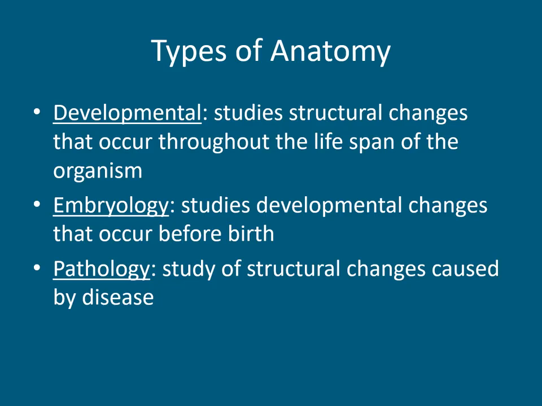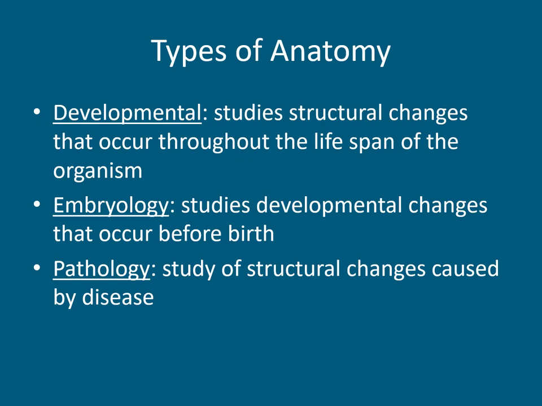Continuing on, different types of anatomy. There's developmental, where you're looking at the structural changes that occur throughout the lifespan. Obviously, from birth to older age, things change. It happens. And so some people specialize in looking at what are those developmental changes that are normal.